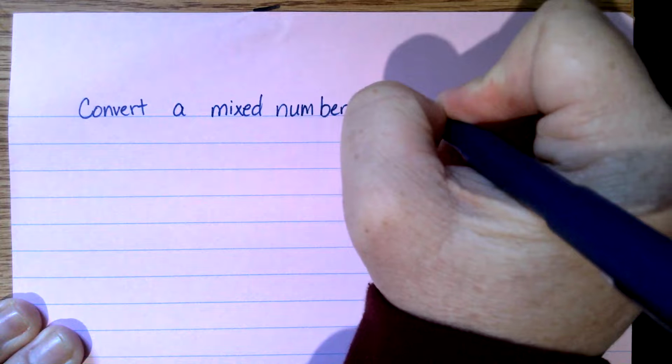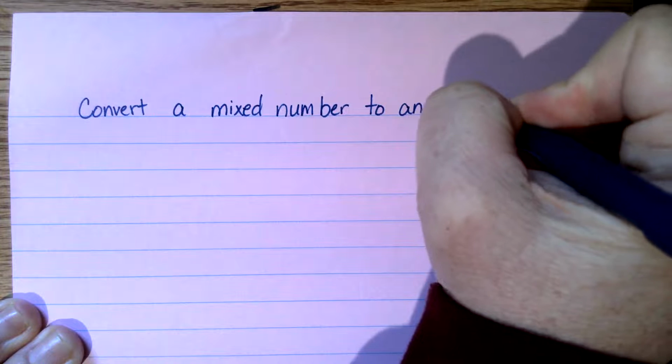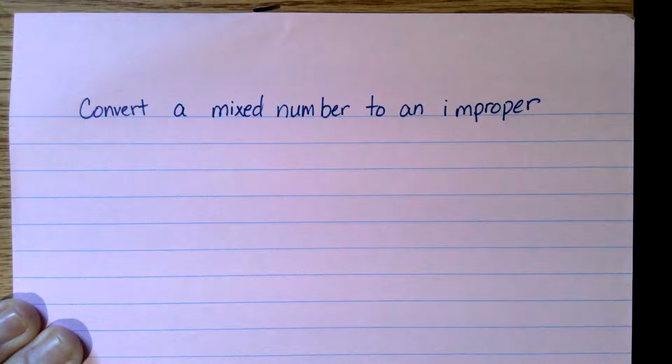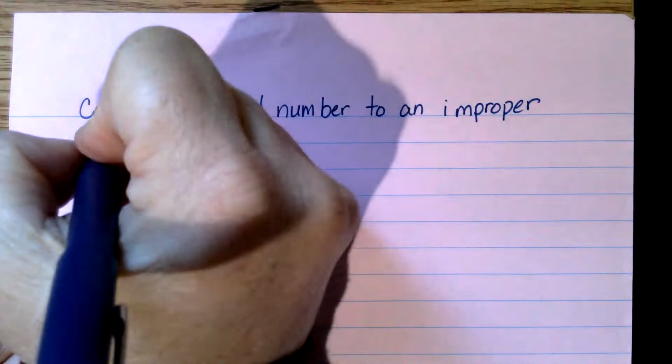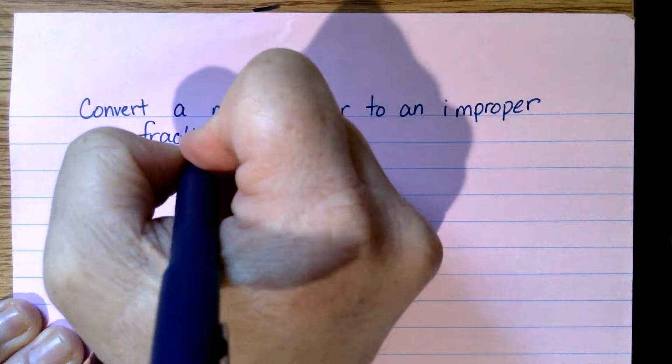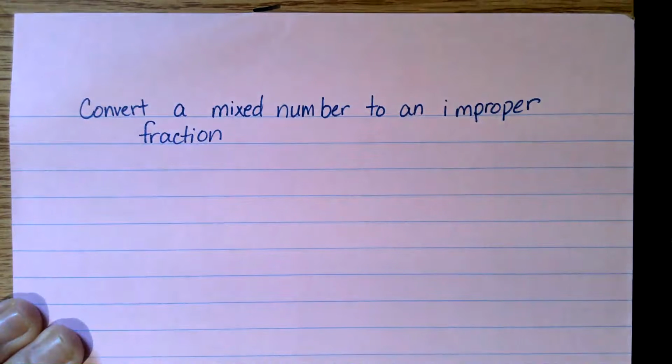We know that division and multiplication are inverse operations, which means if we can do division to get a mixed number, then we're going to use multiplication to get an improper fraction.